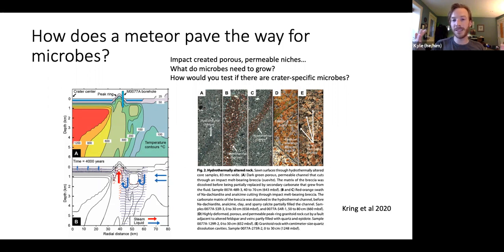And this is because they realized, what do microbes need to grow? So if you're a microbe living in rocks, what are all of the ingredients that you need to be able to survive in this pretty harsh and inhospitable environment? Any ideas? Well, you need an energy source.